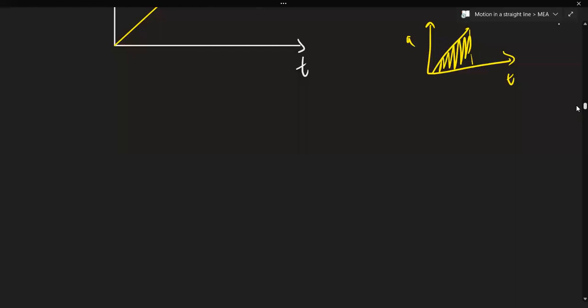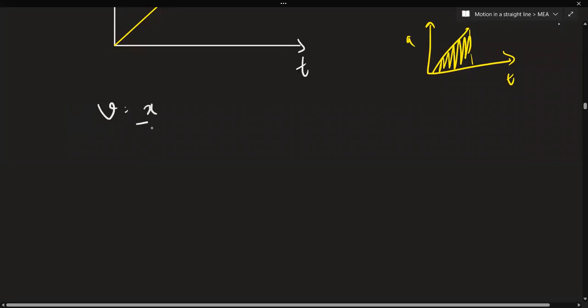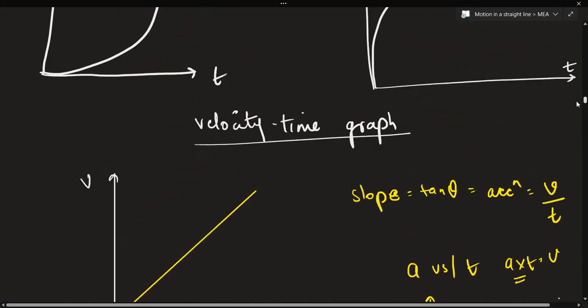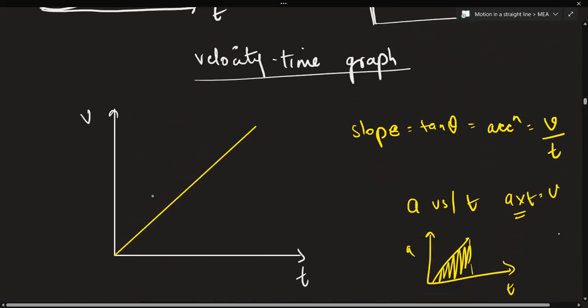But remember, velocity is displacement divided by time. So from here, tell me, how will I calculate displacement? If I multiply velocity with time, then I'll get displacement. See this graph. This is velocity versus time.